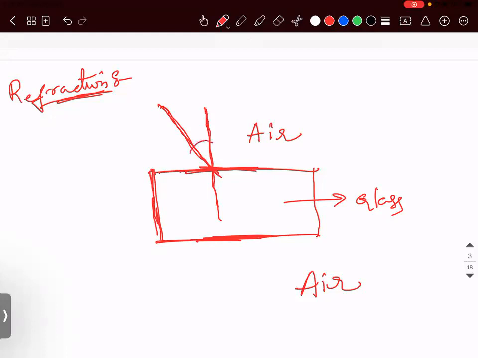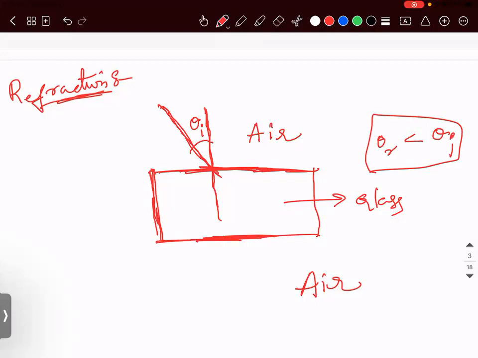This is theta I. Here we are considering glass, fully transparent, so let's consider there won't be any reflection. Now what will happen? It will bend towards the normal, so theta R will be less than theta I.